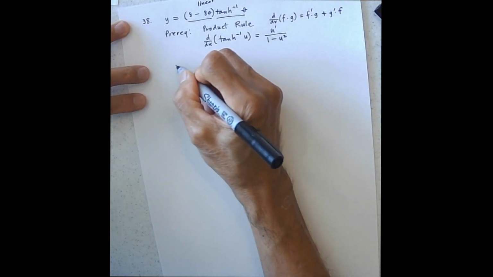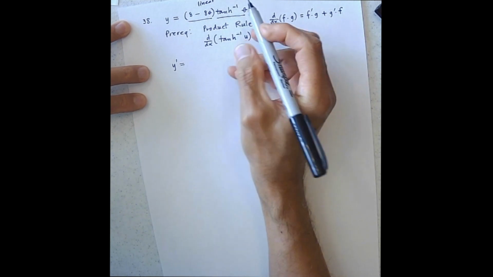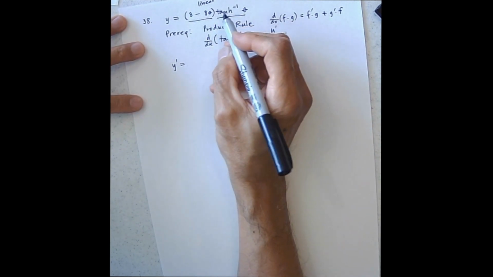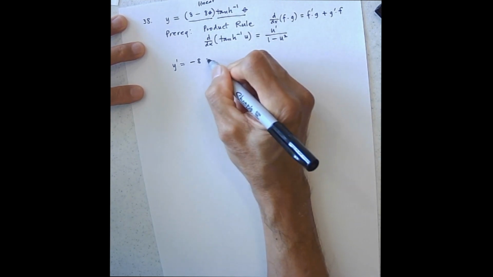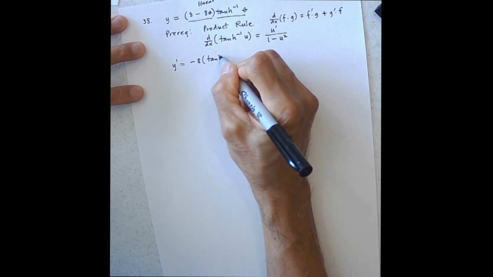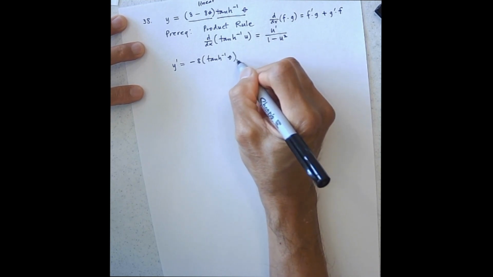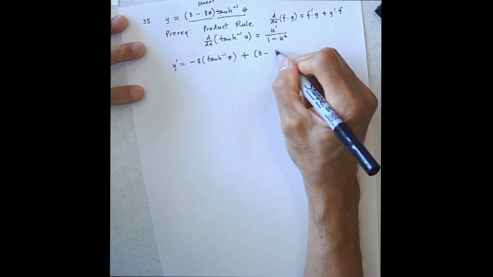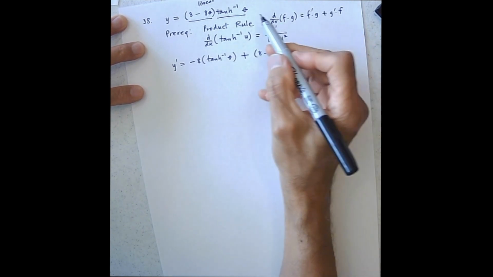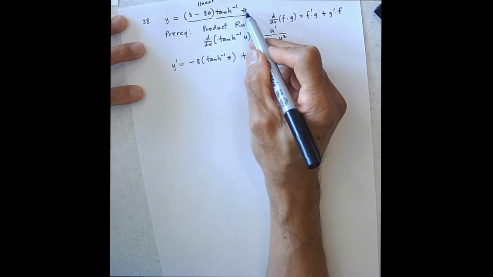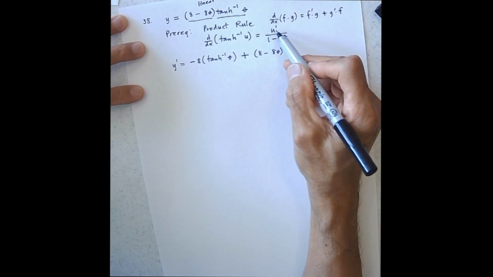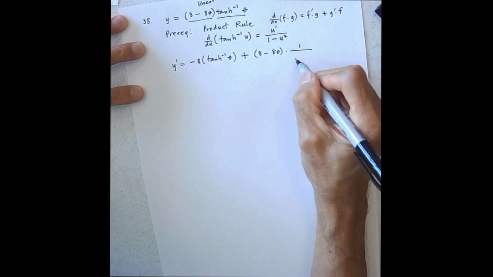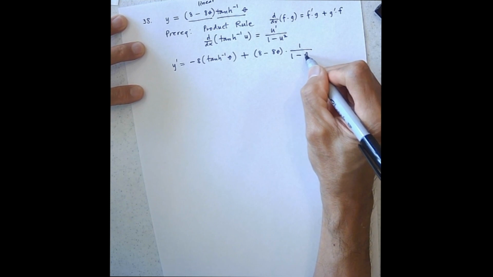Here we go. So y prime is equal to the derivative of 8, which is 0, the derivative of negative 8 theta, which is negative 8, times hyperbolic tangent of theta, plus we now copy the linear function 8 minus 8 theta, and the derivative of hyperbolic tangent theta is equal to the derivative of theta, which is 1, over 1 minus theta squared.